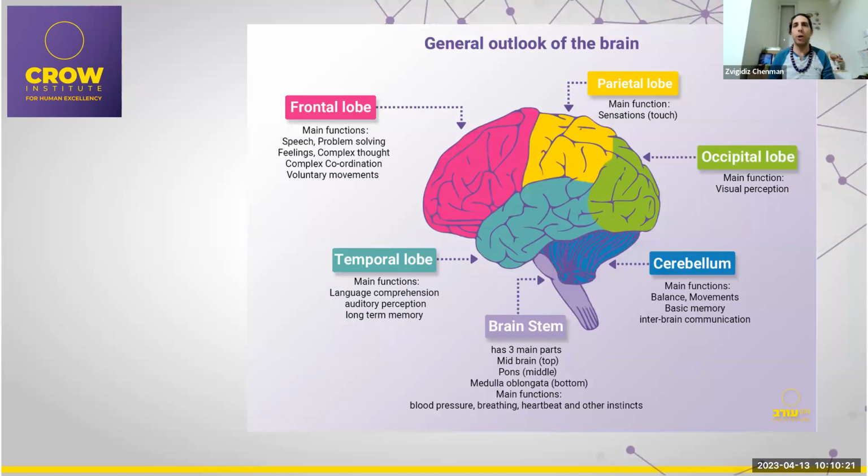But basically, we're talking about two hemispheres, the left hemisphere and the right hemisphere, and about four lobes. We have the frontal lobe, which is the last one to develop for us humans. And it has to do with all of the cognitive things that we know, what makes us human, basically our personality, our problem-solving abilities, complex thought, all of that is in the frontal lobe.